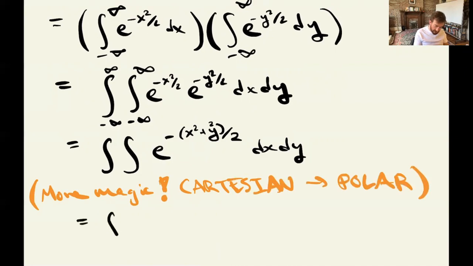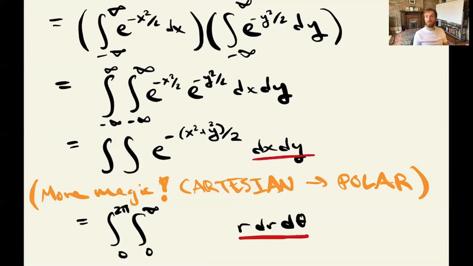And so what we end up getting is the integral from 0 to infinity of r dr d theta, where our volume element has changed from dx dy to r dr d theta. But I now need to replace any x and y with r and theta.